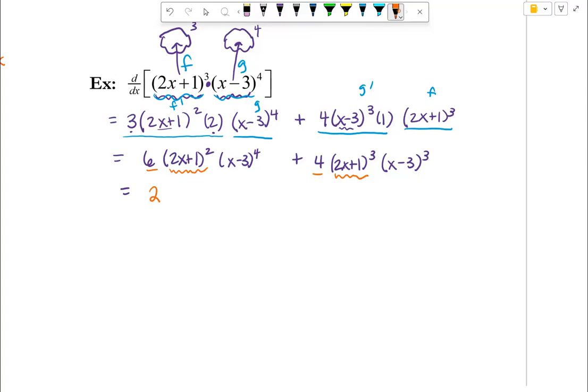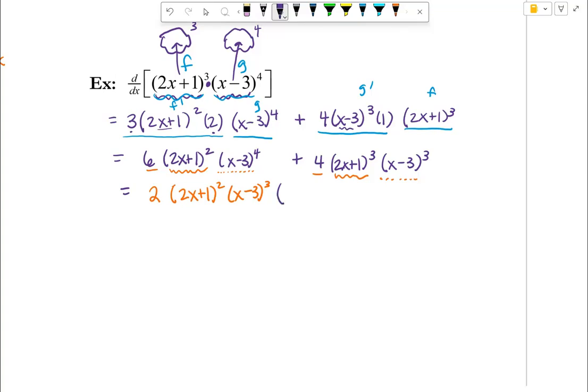So I can only pull out from my GCF the least amount of factors that are common to both terms. So that's going to be 2x plus 1 squared. And then finally, both of my terms have multiple factors of x minus 3. So since my right-hand term has only 3 factors, and that's less than the 4 factors on the left, I could only factor out 3 factors of x minus 3 as my GCF. So that's all my greatest common factor.